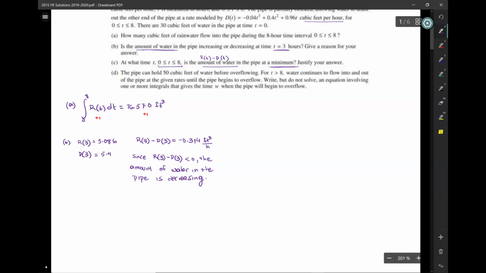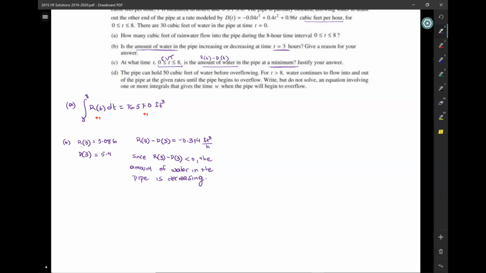Anytime you want anything to be a minimum, you take a derivative, set it equal to 0, and find where. The fact that it's 0 to 8, a closed interval, means it's the extreme value theorem. So in that one sentence, half a line, there are 3 important pieces of information that they're testing for.